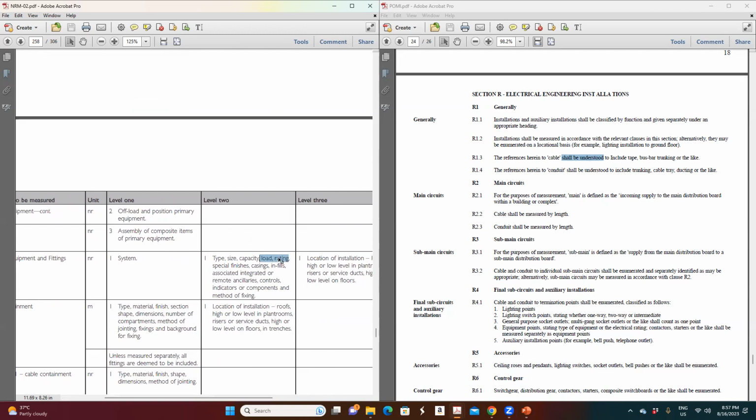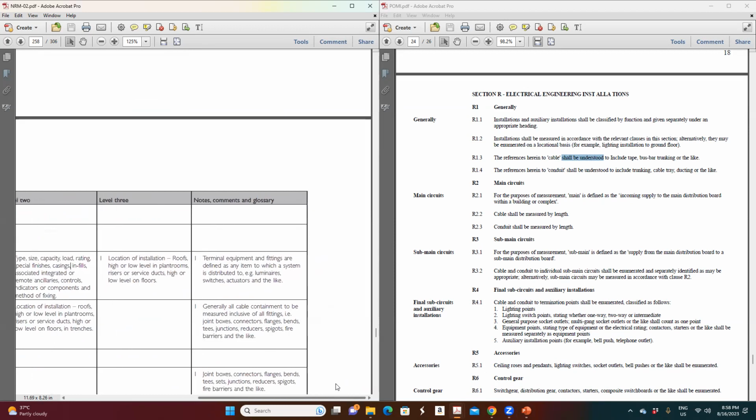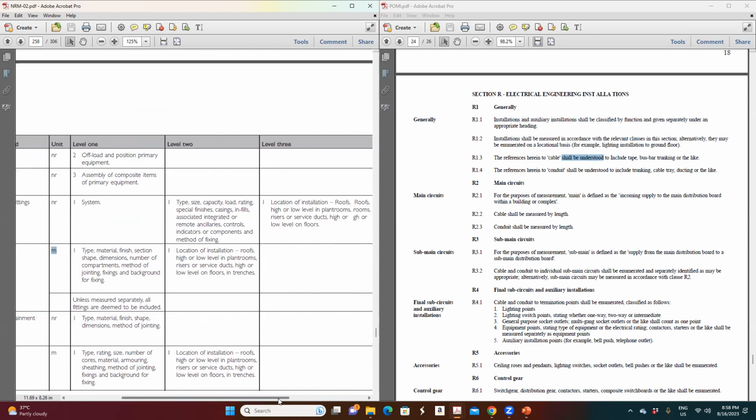Their capacities, load, rating, special fittings, and casings have to be specified. For example, switches having a casing of a different color, golden color, metallic color, stainless steel color, whatever it is. And cable containment is in meters. What is cable containment?